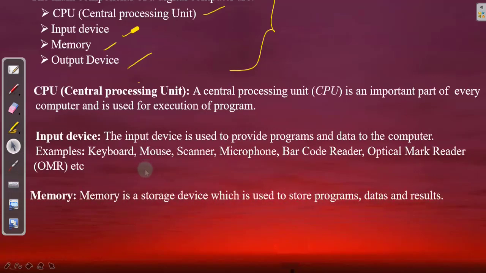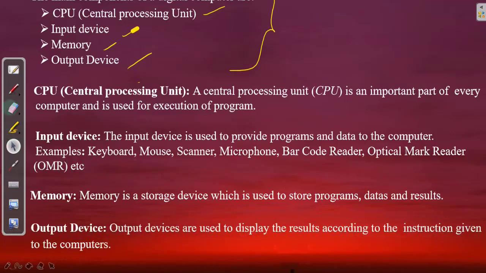So I request every student to read this once and confirm that you have a little idea of these terms. I also feel it's not that big a thing which I have to explain here. Everyone knows about computers, so surely they know what is the CPU, the input device, memory, and output.